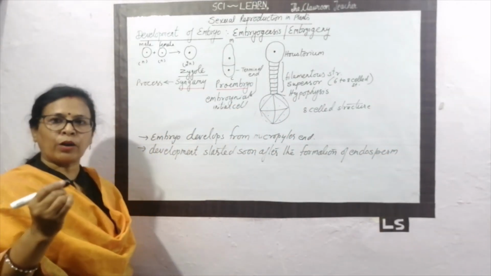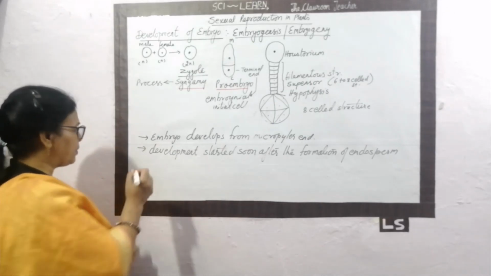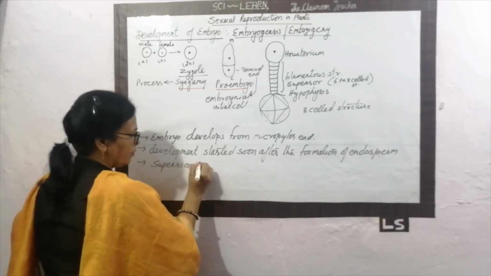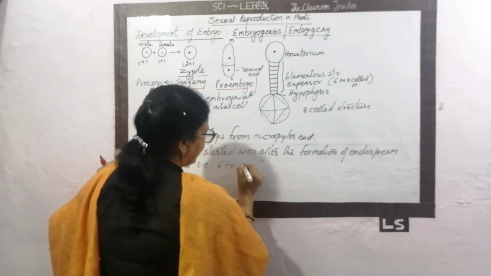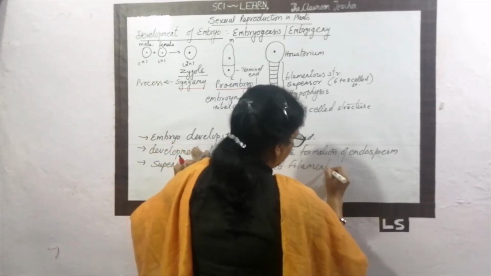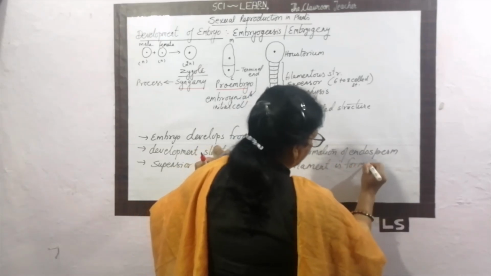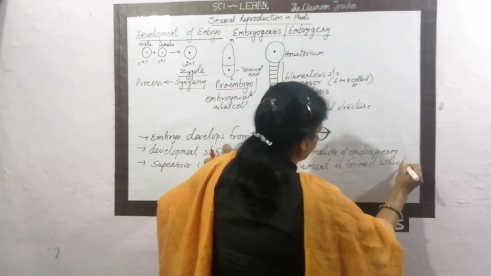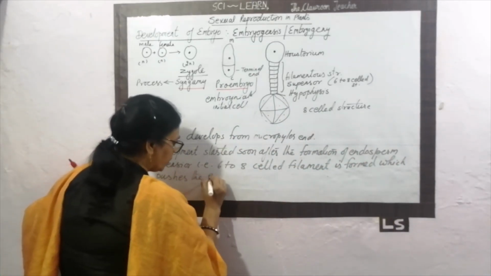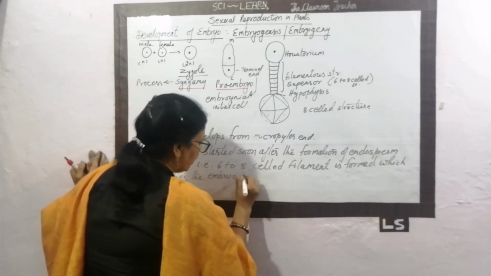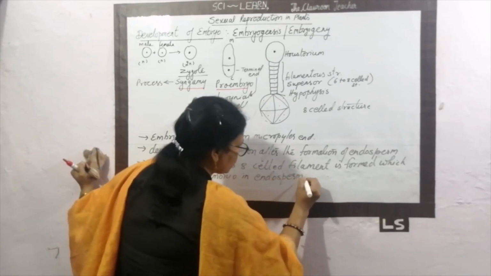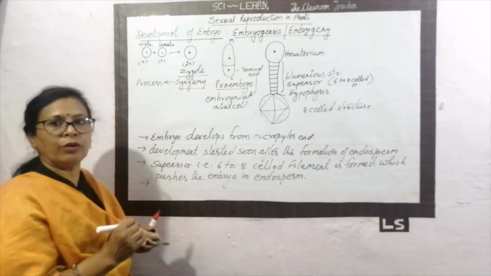Then what happens? The micropylar end divides to form suspensor, that is a 6 to 8 cell filament, which pushes the embryo in endosperm, because endosperm is the only source of nutrients for the development of embryo.